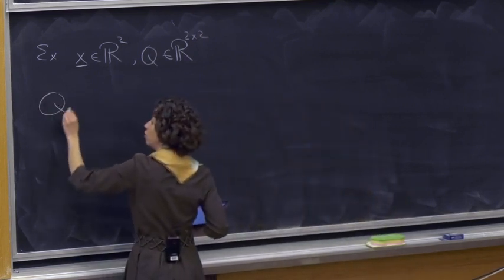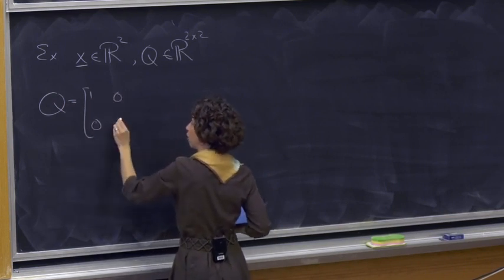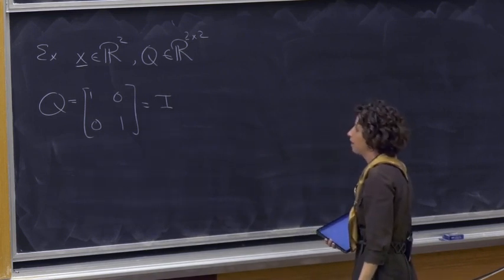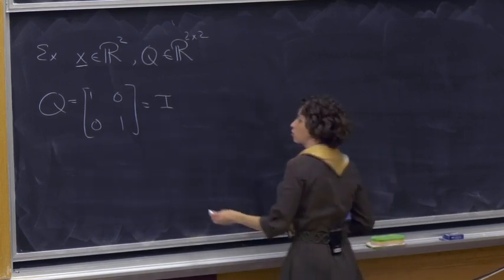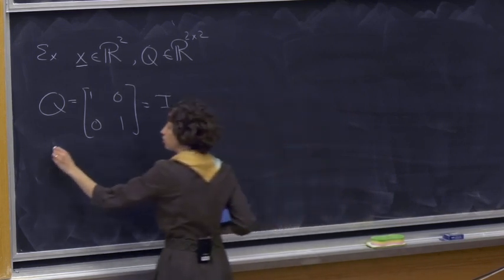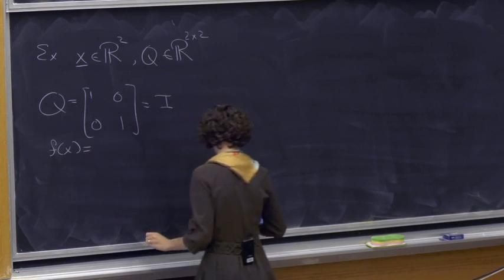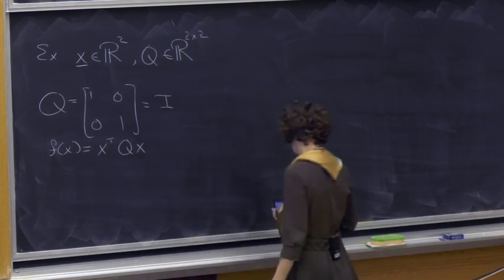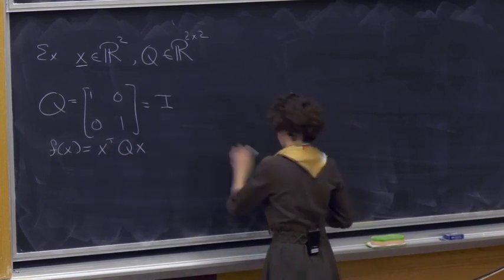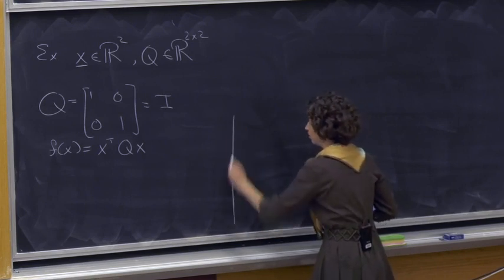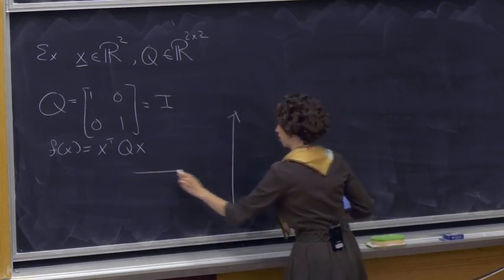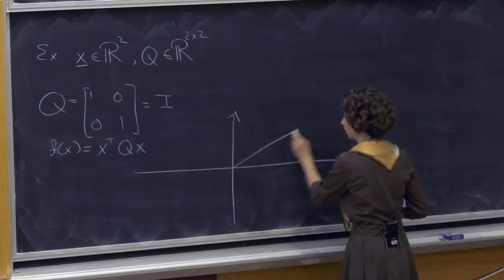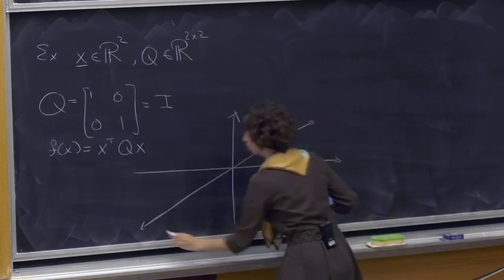So if Q were equal to 1, 0, 0, 1, so this is simply an identity matrix, which we talked about last time, then again, we could start to think about trying to minimize a function f of x, which is x transpose Qx. And let's make a plot of that. This is a little trickier. Okay, so we've got the horizontal plane.